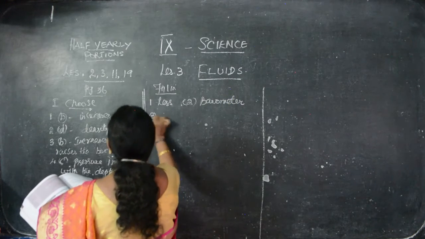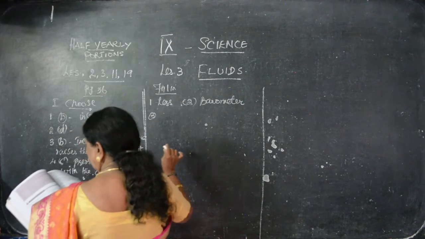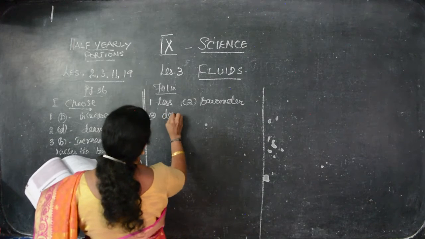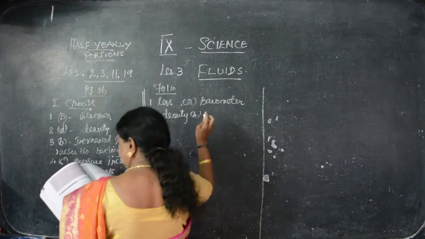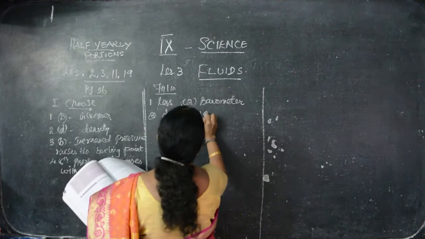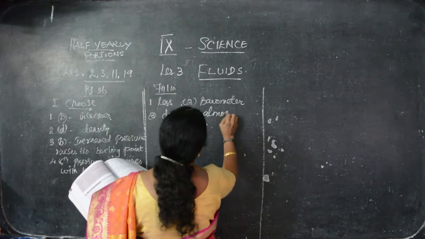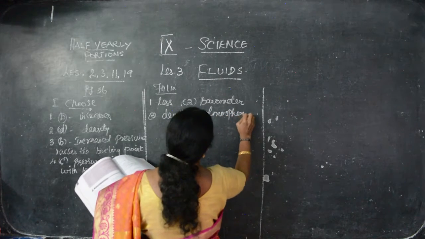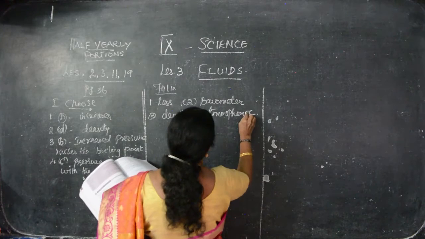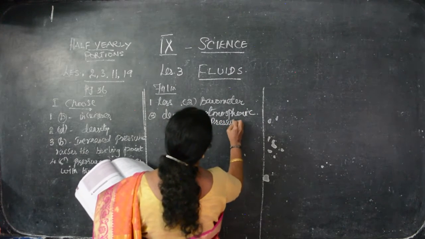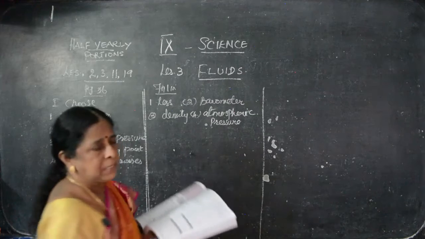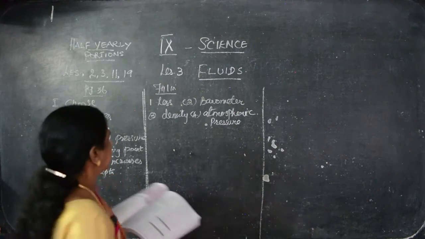And the third one is density. Fourth one, atmospheric pressure. Atmospheric, P-H-E-R-E. Atmospheric pressure. Clear, children? Next we have to go for state the true or false.